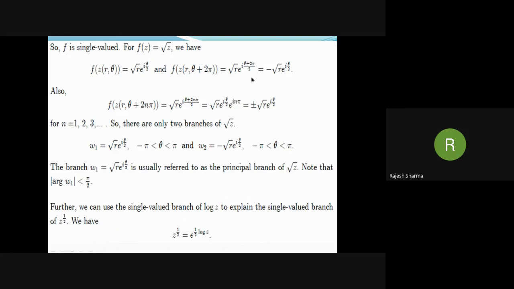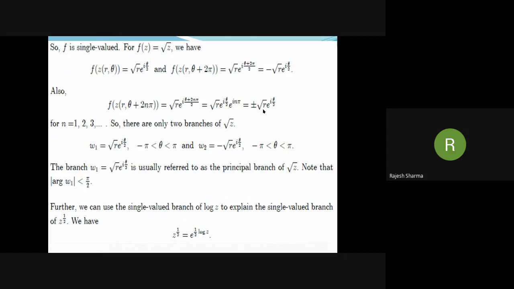Also note that for any positive integer n, we have f(z; r, θ + 2nπ). This equals √r e^{iθ/2} and then e^{inπ}. e^{inπ}, where n is an integer, is either plus 1 or minus 1. So we always get only two values, plus or minus √r e^{iθ/2}.